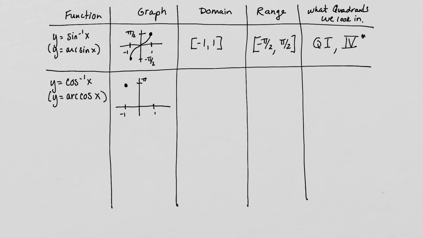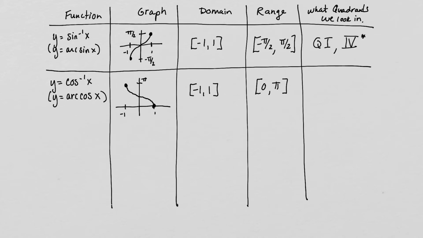And so it looks like this. It looks pretty similar to the inverse sine graph, but it's going a slightly different direction. And the domain is still -1 to 1. But the range here is from 0 to pi.